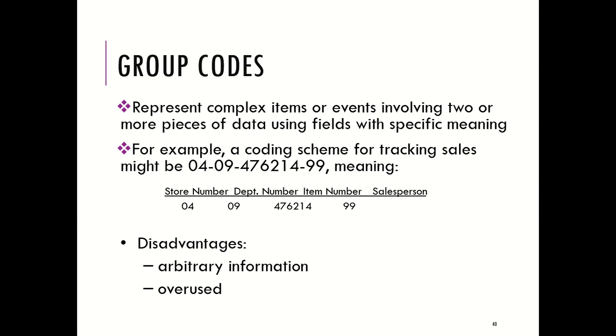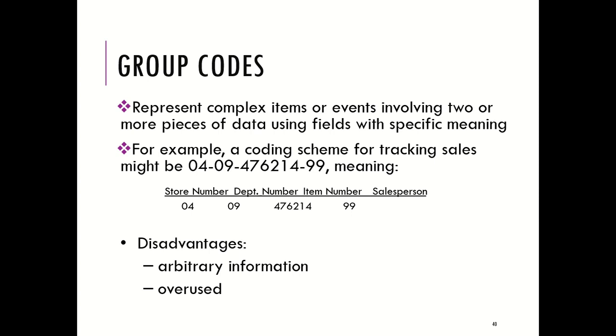Pero, okay, it is also an arbitrary information in general, no, as a disadvantage. Bakit? Kasi the primary disadvantage of coding is that it results from its success as a classification tool. Because group codes can effectively present diverse information, they tend to be overused. Ayun, na-overused din siya. Okay? This can lead to unnecessarily complex information that cannot be easily interpreted.